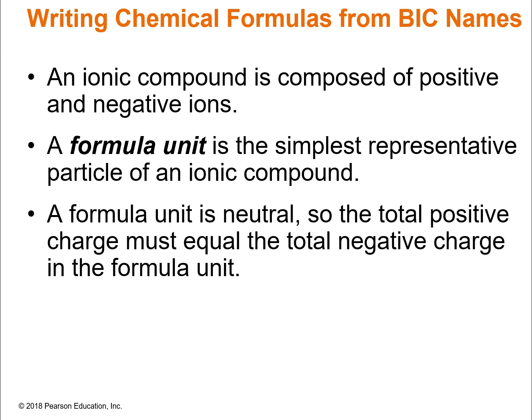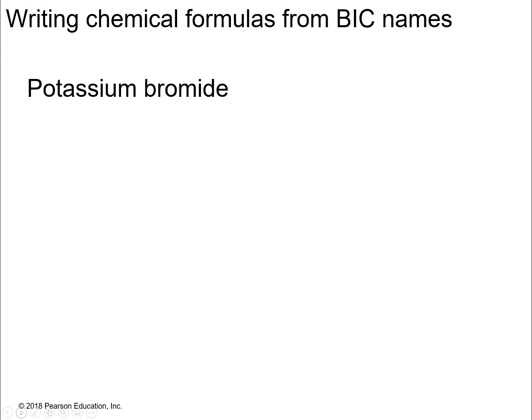The formula, or the formula unit, is the simplest representative particle of that ionic compound. So it's got to have a neutral charge. It's the total positive charge from the cation that's equal to the total charge of the anion. So the positives and the negatives have to cancel. So let's practice.